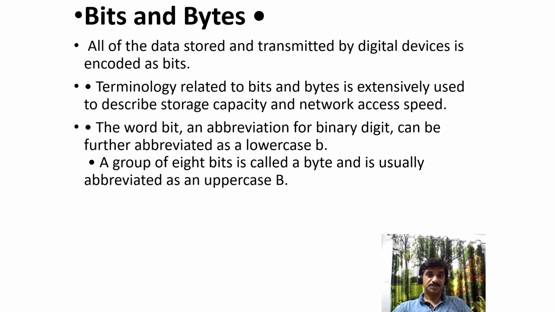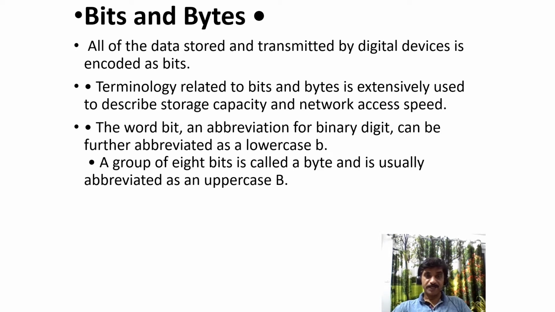The word bit is an abbreviation of binary digit. Bit is the short form of binary digit: the bi from the first part and the t from the second part of binary digit make bit. The word bit can be further abbreviated as a lowercase b.